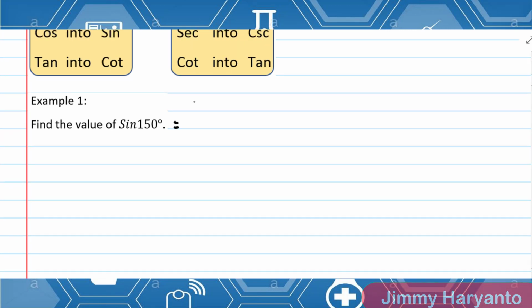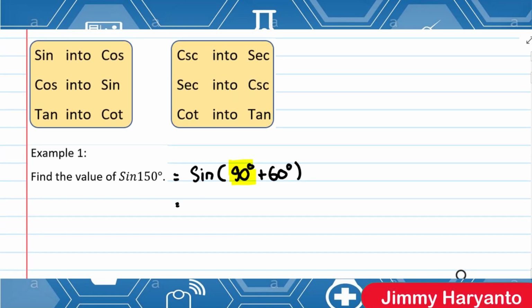We know that sine 150 is sine in the bracket 90 plus 60 degree, right? So we use 90 degree right here. This is the patokan, ya. So if you use the patokan 90 degree, the rule says you have to turn the sine into cos.